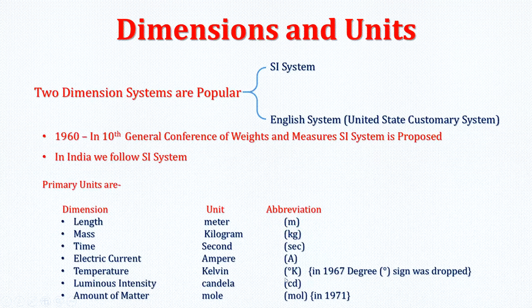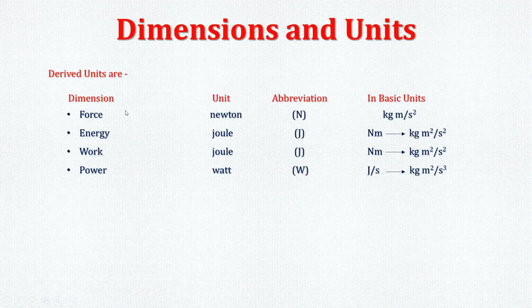So these are all primary units in the SI system. Now derived units. As mechanical engineers, our life is revolving around these four: force, energy, work and power. All these four quantities have derived units like Newton, Joule and Watt.